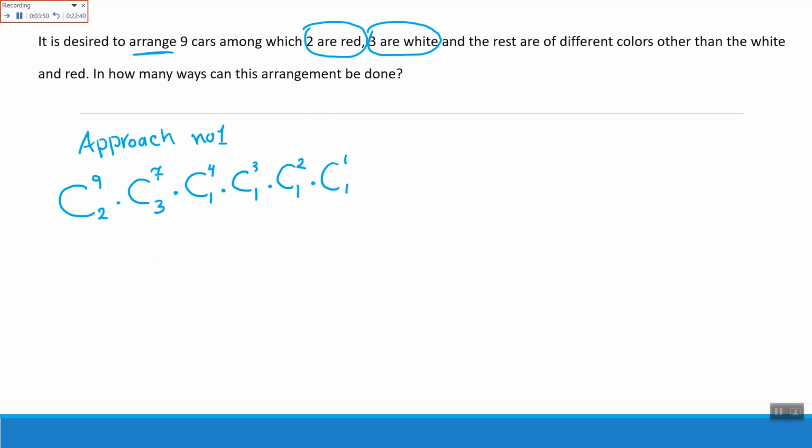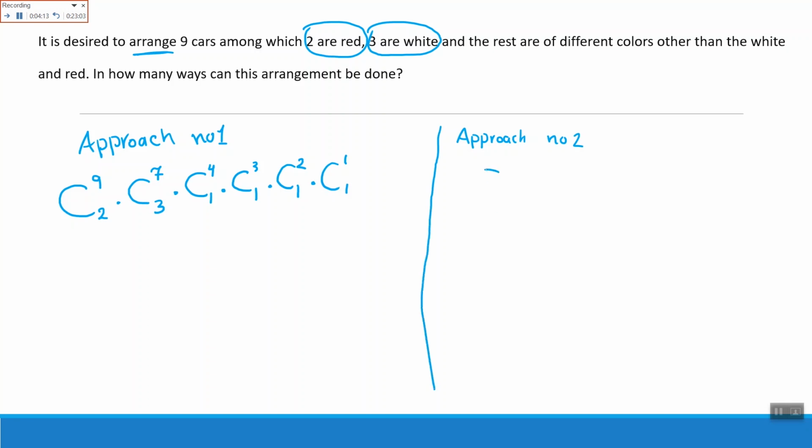And then we have 7 cars. We take the second color, which is 3. We're left with 4 cars. We take the first color and then the second, the third, the fourth. This is one way to do it. Or approach number 2.